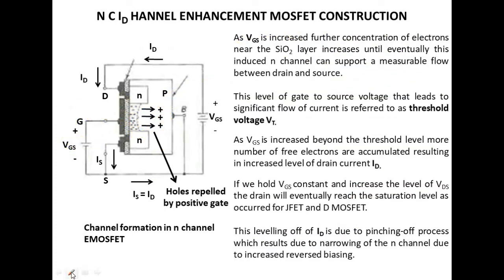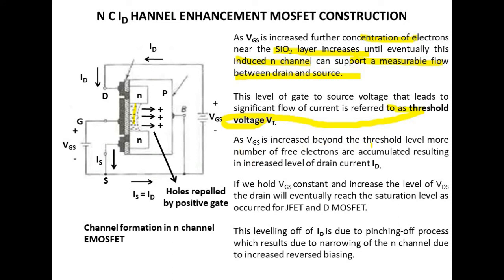Now as VGS is increased further, concentration of electrons near the SiO2 layer increases, until eventually this induced N channel can support a measurable flow of current between drain and source. This level of gate to source voltage that leads to the significant flow of current is referred to as threshold voltage Vt.